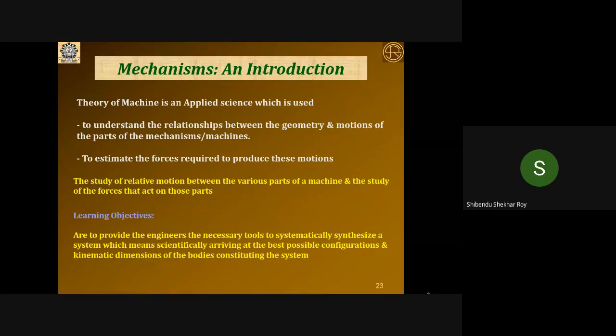In other words, it is the study of relative motion between the various parts of a machine and the study of forces that act on those parts. So what could be the learning objective?